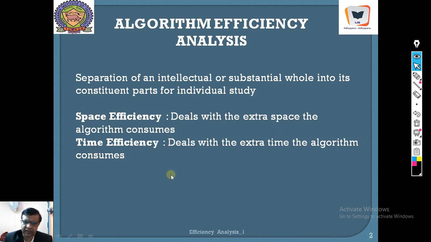Of course, a decade ago, or 2 decades ago, I still remember having analyzed algorithms for space efficiency. But with the advent of computer technologies, computer memory space is available at a much cheaper rate. Therefore, there is no need to analyze any algorithm for space efficiency for this simple reason.